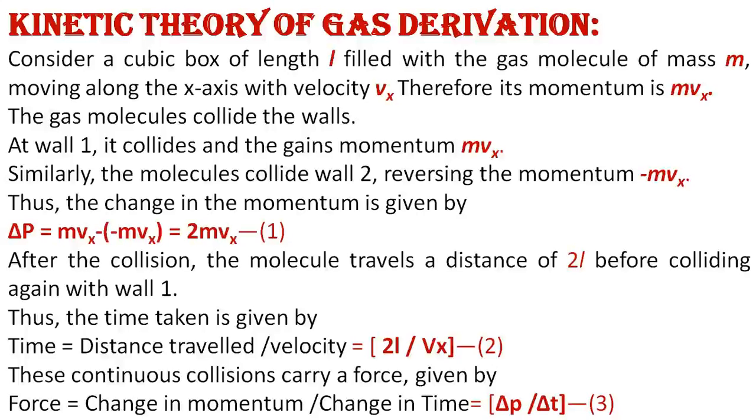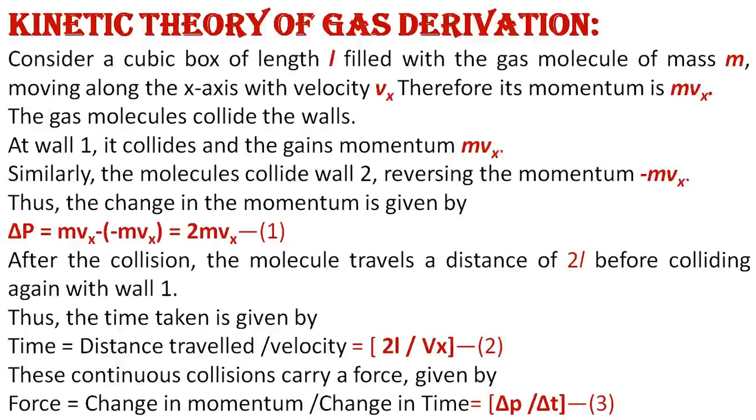Thus, the change in momentum is given by change in momentum P equals mvx minus (minus mvx). So minus minus gives plus, and we get 2mvx. That is equation 1.